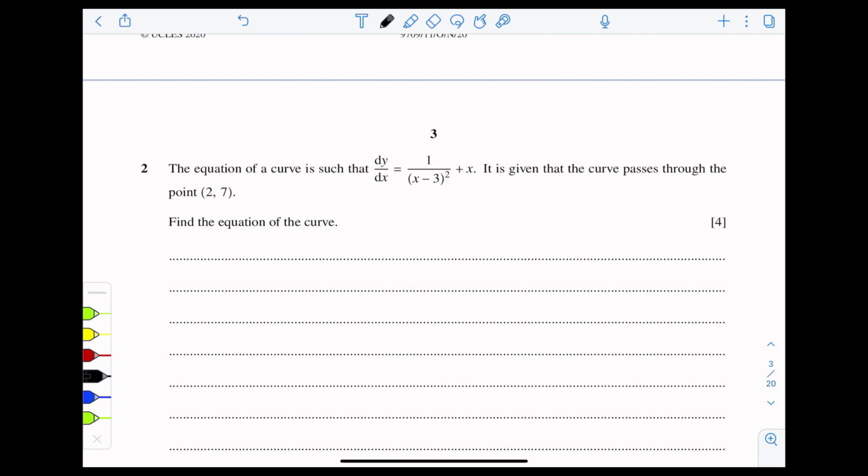So for this, what do we have to do? We will integrate each side to find y.